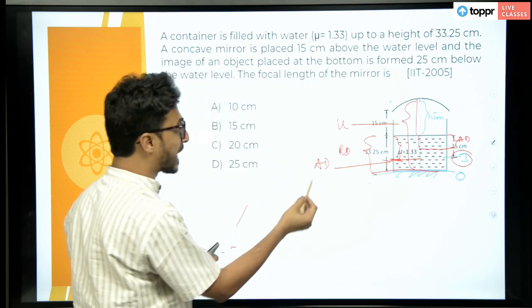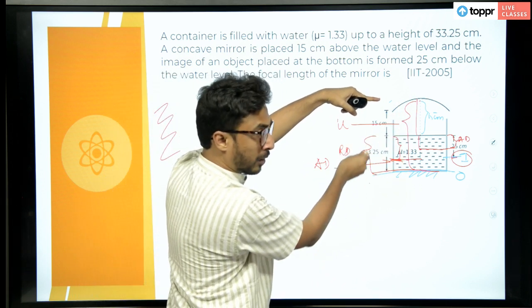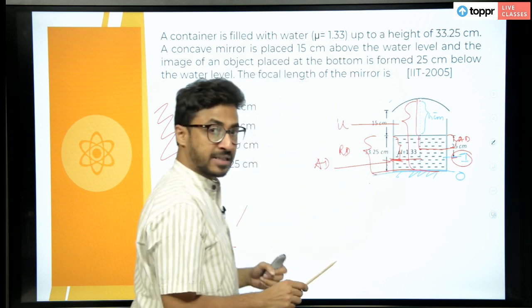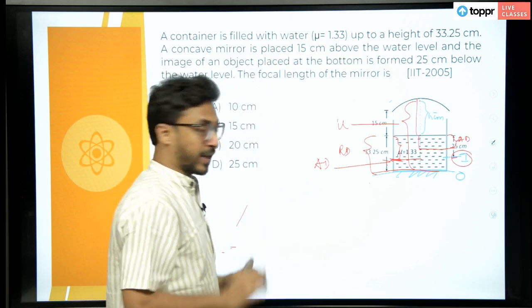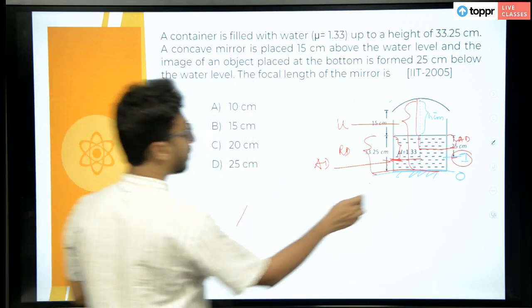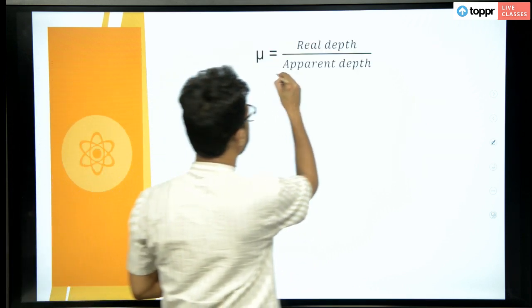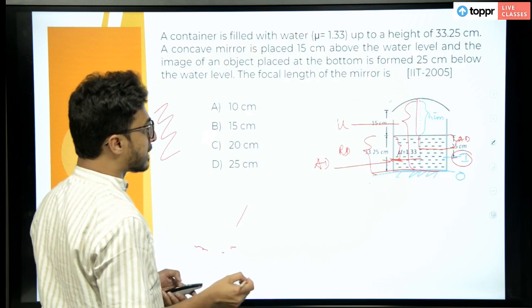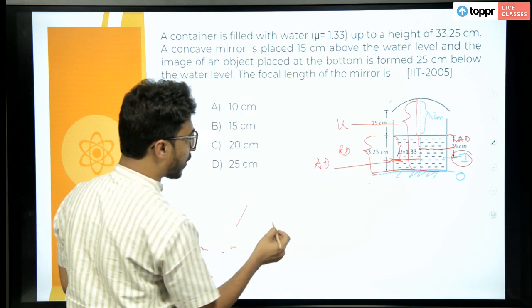So let us first calculate the object distance and the image distance, considering the apparent depth of the object and the image. So we have been given this. Now let us see this real depth for the object.